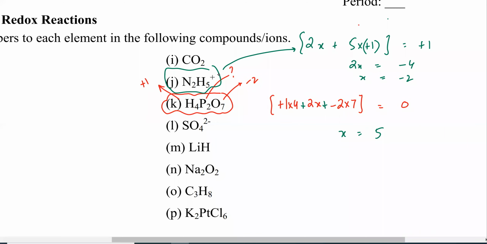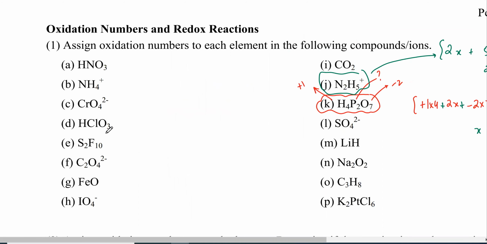So that's how you're going to figure out the charge on different elements. Let's do one more. C2O4 2-. I gave this as an assignment, I think. So carbon is going to be taken as X, and there are 2 of them.